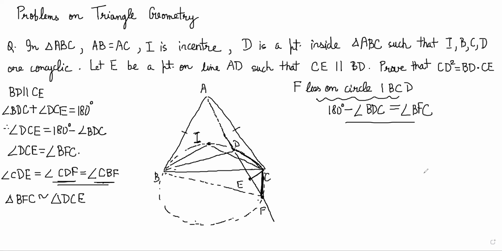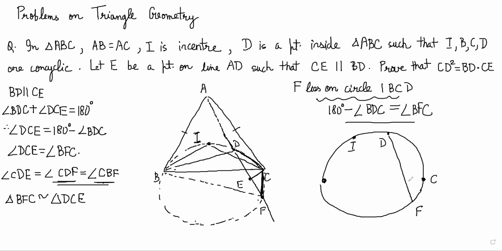It will be clearer if you just look at the circle diagram like this. Just focus on the circle here, and here we have B, here we have C, we have D somewhere here, I somewhere here, F here, and E somewhere here.